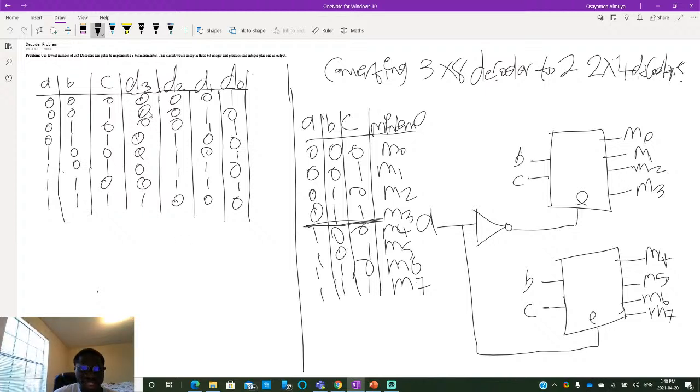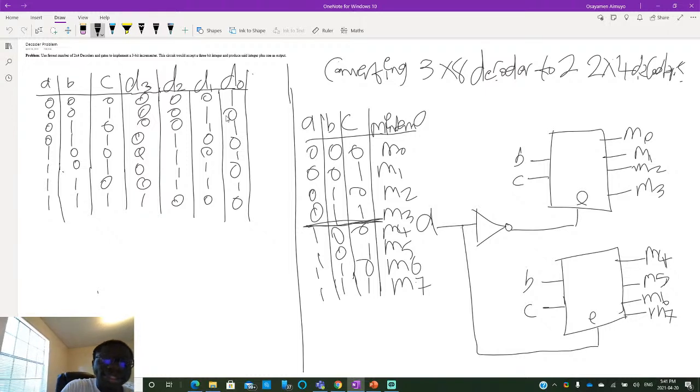So for these functions, instead of drawing the K-map to know what gates to use, we can just use two 2x4 decoders to obtain the functions for these three outputs.